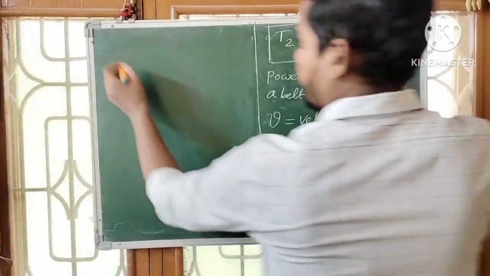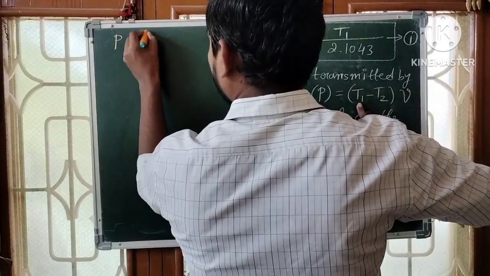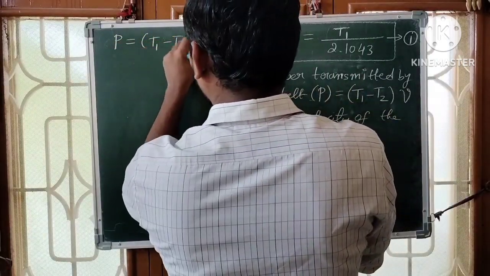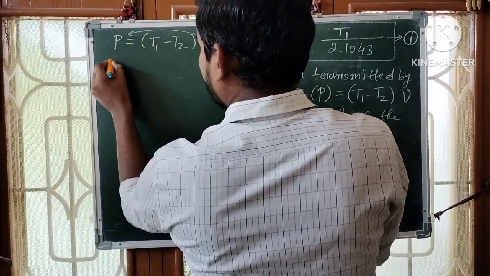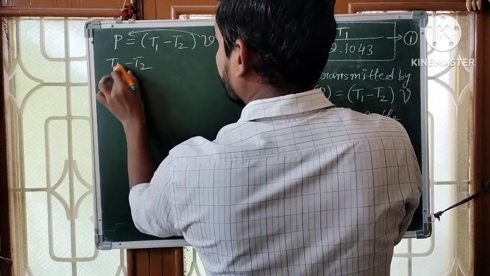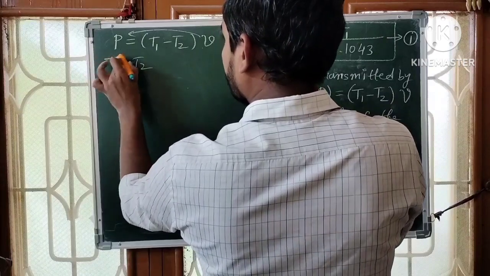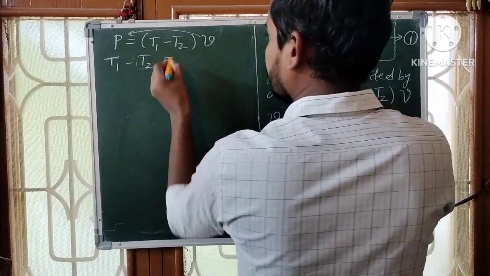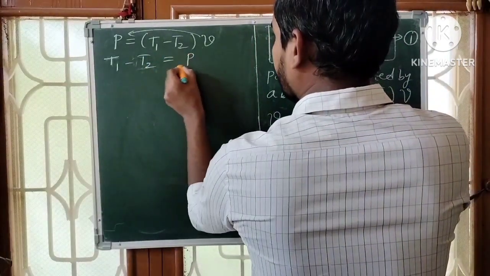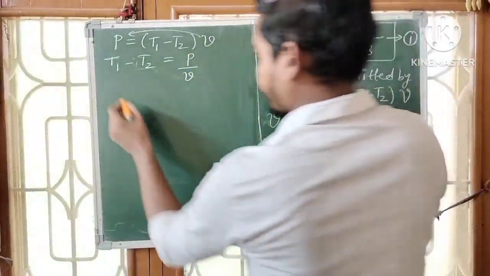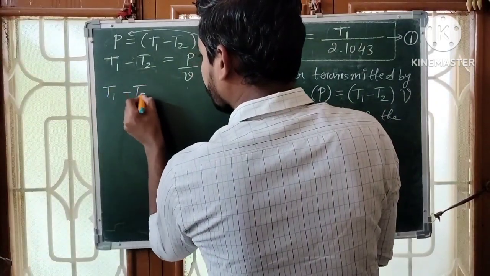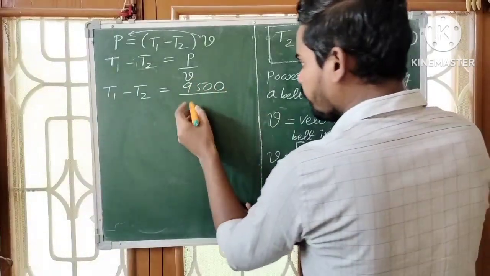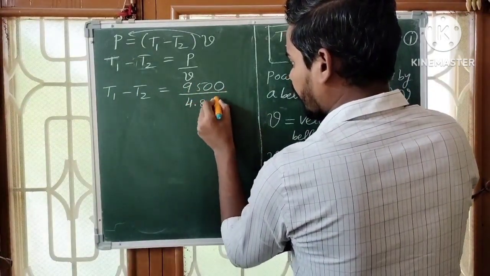Power transmitted by a belt, P is equal to T1 minus T2 into V. Now transpose V. Then T1 minus T2 is equal to P divided by V, 9,500 watts by 4.8 pi.